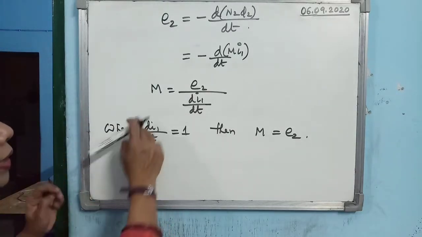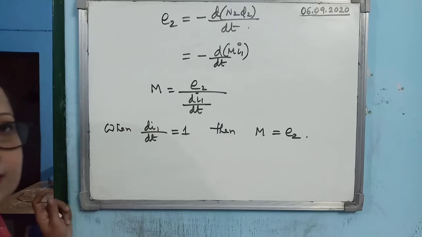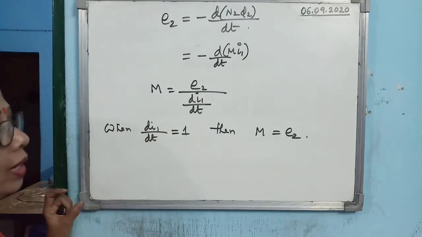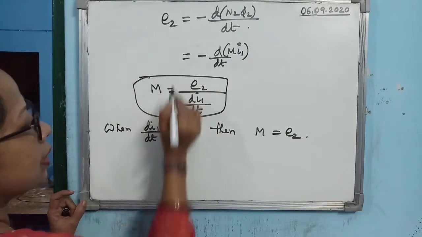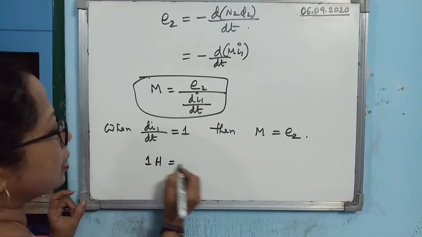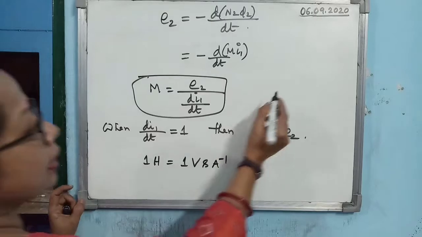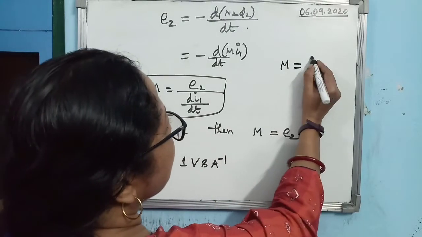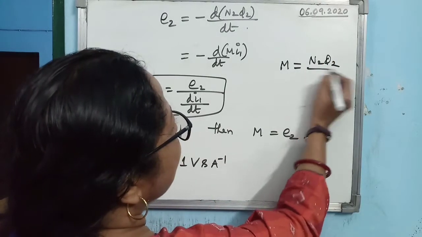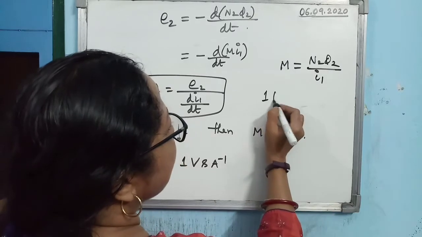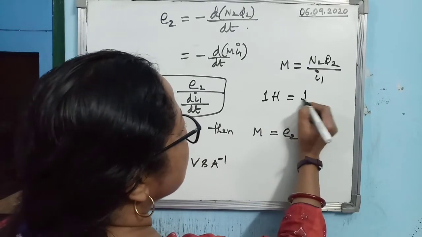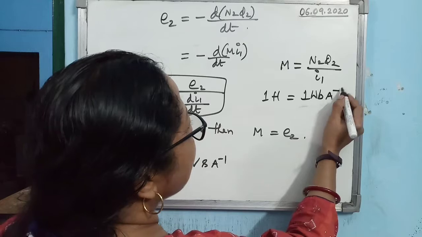So you see, according to this relation, what is the SI unit of M? M will be Henry. So according to this relation, you can write 1 Henry is equal to 1 volt second per ampere. Again, if you are writing M is equal to N2 phi2 by I1, then you can write 1 Henry is equal to 1 Weber per ampere.